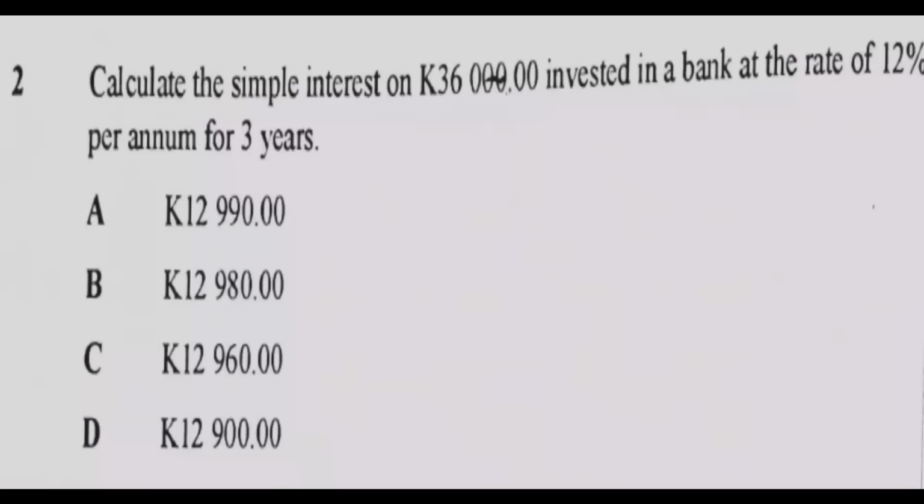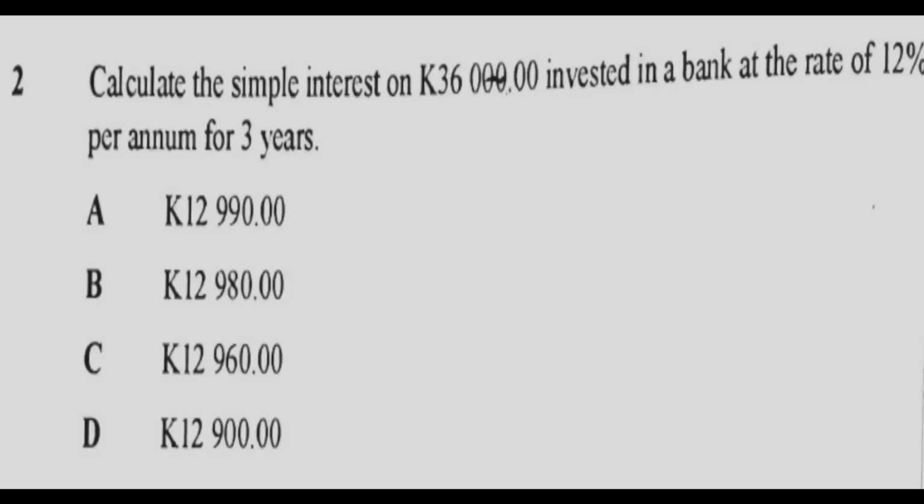Question number 2 is as follows. Calculate simple interest on 36,000 kwacha invested in the bank at the rate of 12% per annum for 3 years.